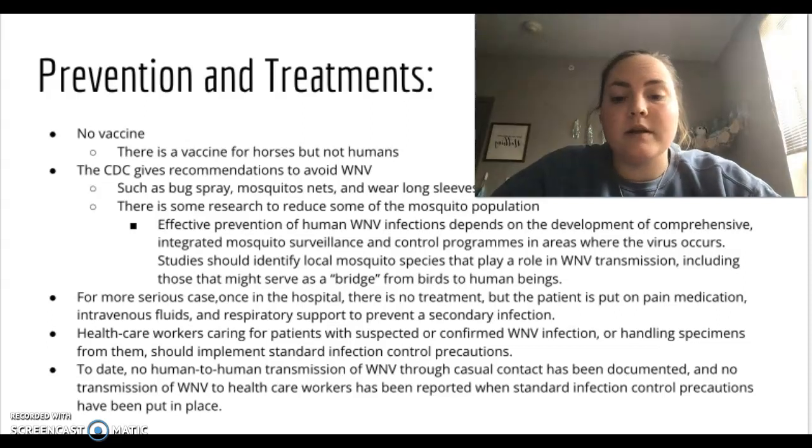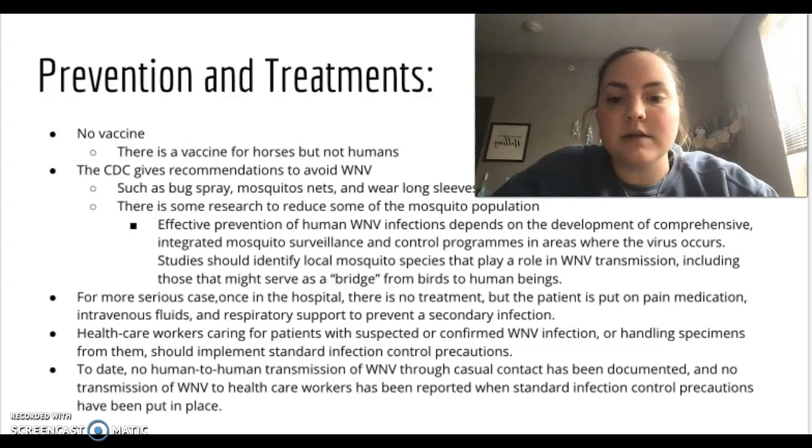There is also some research being done to reduce the mosquito population. Effective prevention of human West Nile virus infection depends on the development of comprehensive, integrated mosquito surveillance and control programs in the areas where the virus occurs, which would allow them to reduce the population.